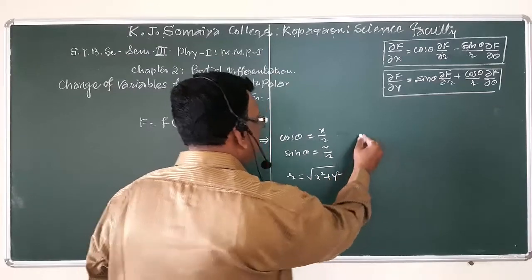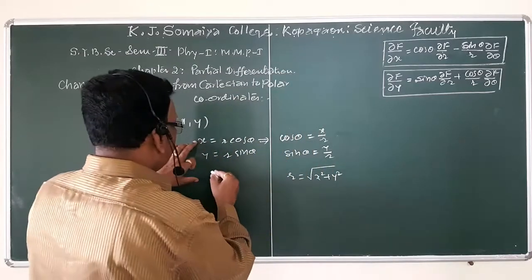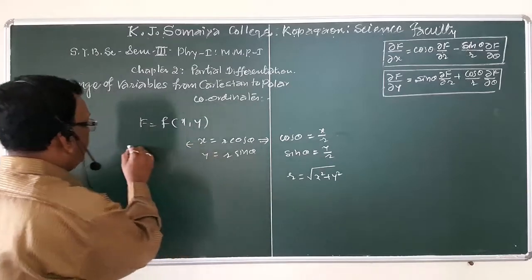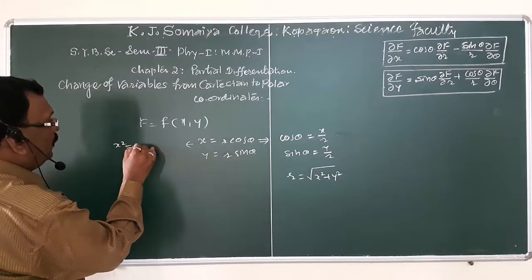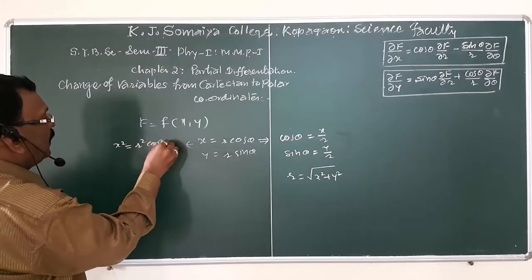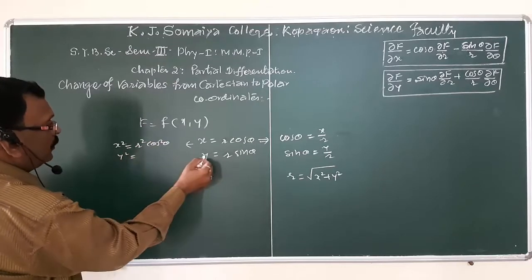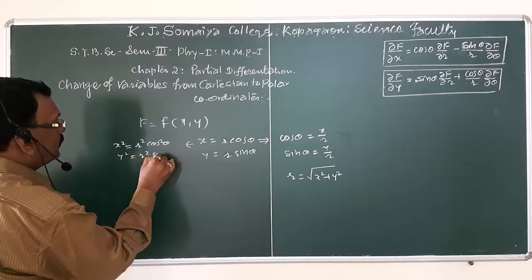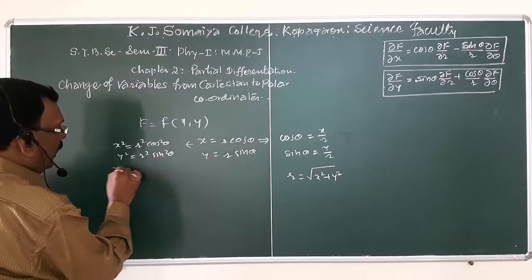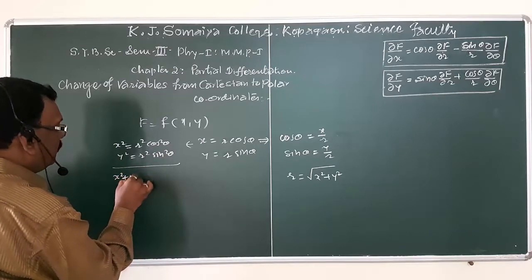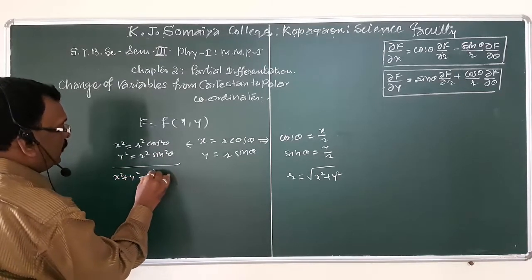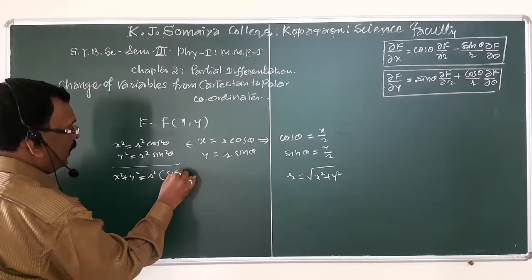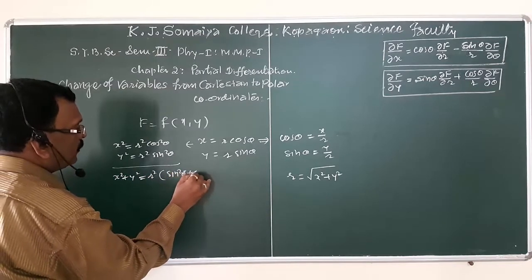How is it obtained? Squaring these, we get x square is equal to r square cos square theta and y square is equal to r square sin square theta. Adding these, we have x square plus y square is equal to r square, with r square common in the bracket, times sin square theta plus cos square theta.